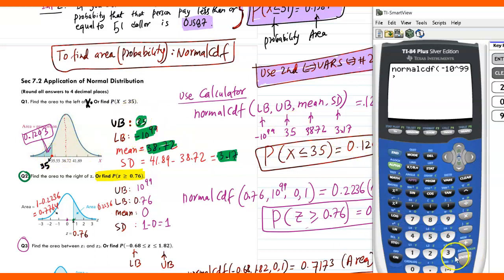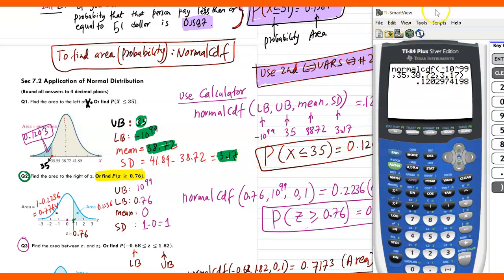That's what you said before, 35, comma, mean is 38.72, comma, standard deviation is 3.17, and remember to close the open parenthesis in normal CDF. Now enter, you get 0.12029, because of 4 decimals, this 2 becomes 3.